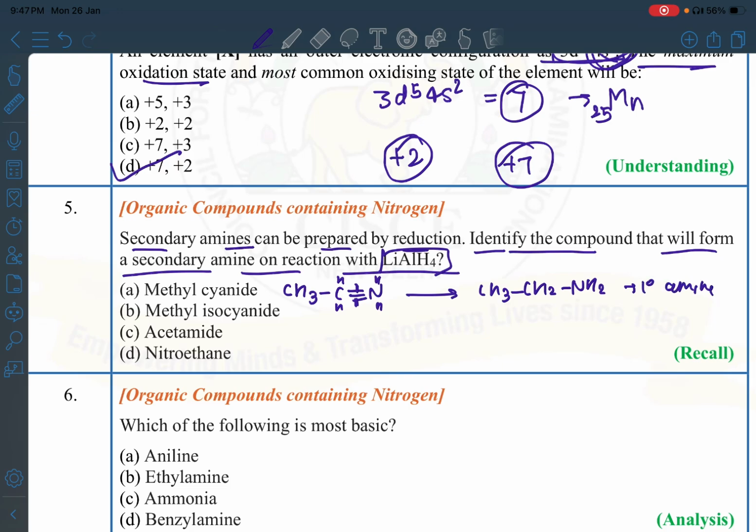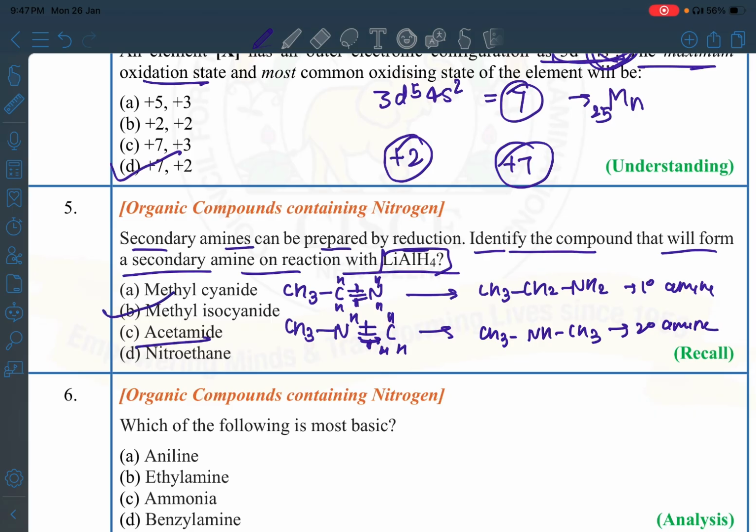Then we have methyl isocyanide, CH3 with a double bond and a coordinate bond to C. Then we break this bond and this coordinate bond, and two hydrogens go to the carbon. So we get CH3NHCH3, which is a 2 degree amine. And of course it is our answer because we want a 2 degree amine.